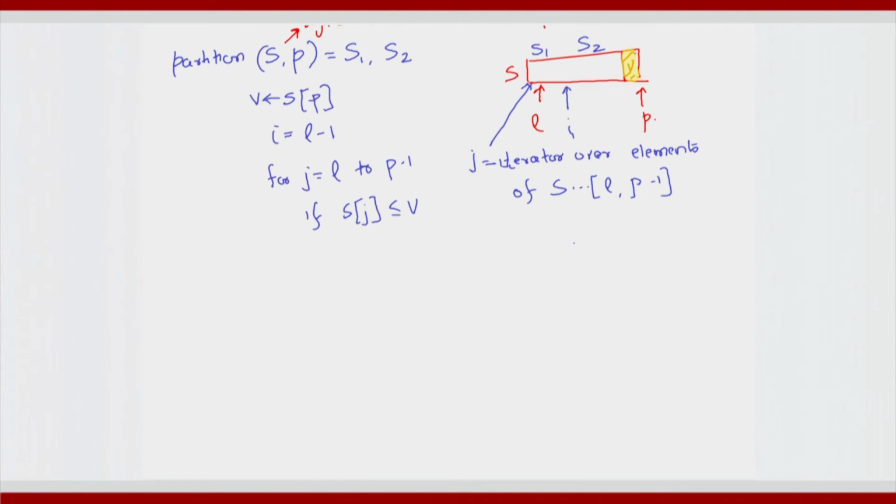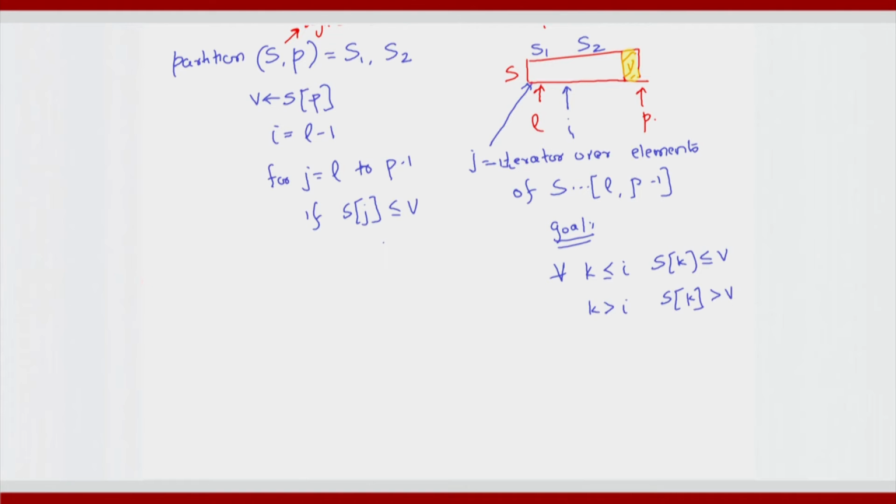So as I pointed out, our goal is for all k which are less than or equal to I, we want S of k to be less than or equal to V, and for k greater than I you would like S of k to be greater than V. Well, you can make it strict inequality.